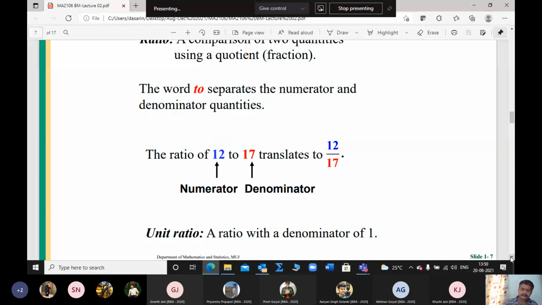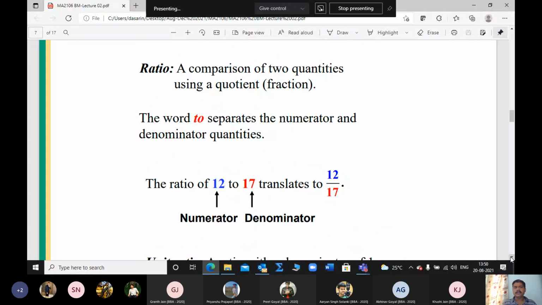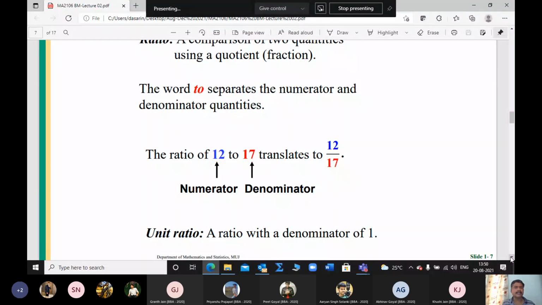So I repeat, we started with the definition of a ratio. A ratio is a word which separates the numerator part and the denominator part. The ratio of 12 and 17, or ratio of 12 to 17, is denoted by 12 divided by 17, where 12 is called the numerator and 17 is called the denominator.